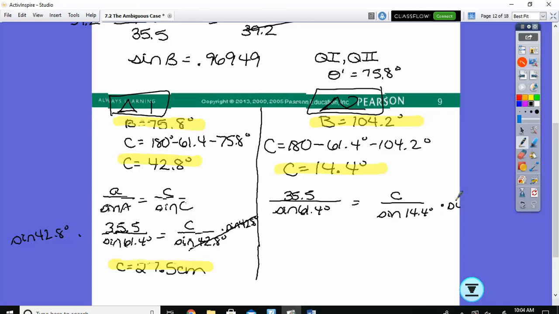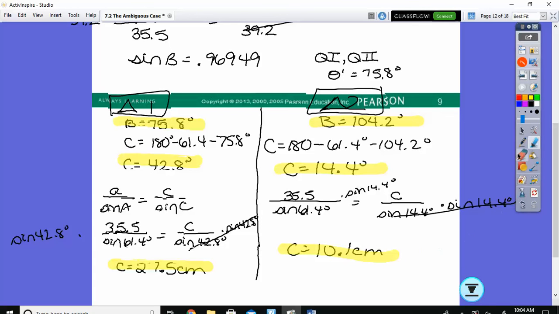So multiply over your sine. Get 10.1 for that side. B was still the biggest angle on the biggest side, so it all worked out.